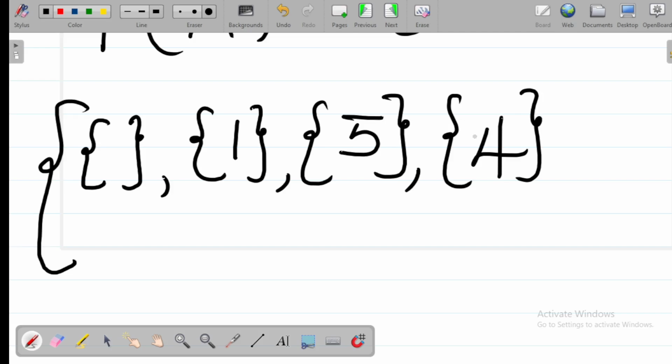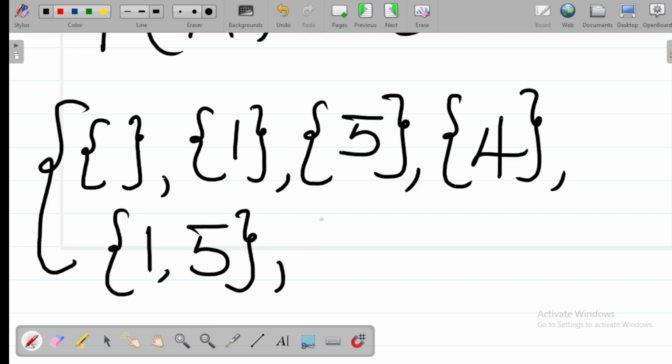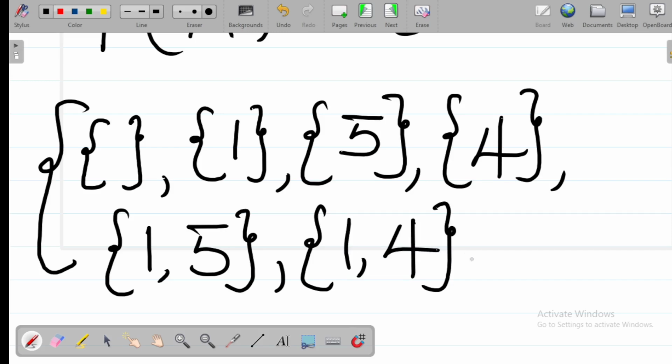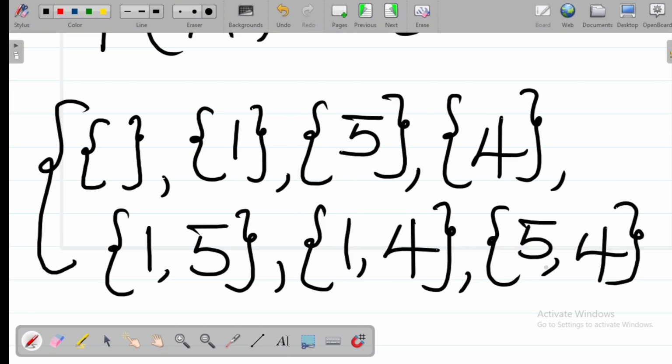Since we are done with all the elements in set A, we are going to write them in 2s. So we'll start with 1 and 5. You open your bracket, you write 1, comma, 5. And then comma, you open another bracket, you write 1, comma, 4. And then you open another bracket, you write 5, comma, 4. So we've written them individually and we've written them in 2s.